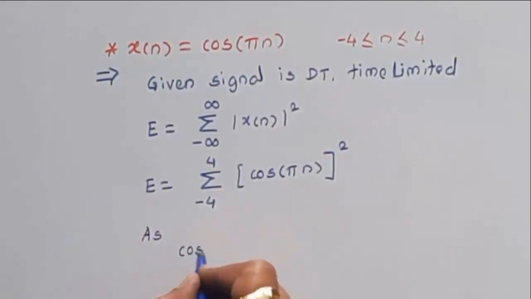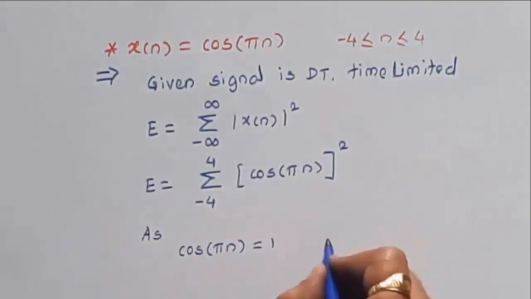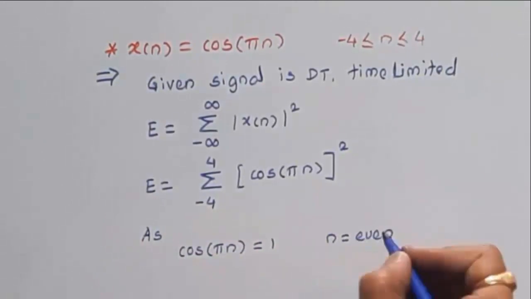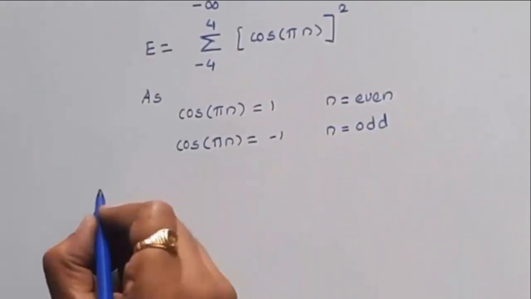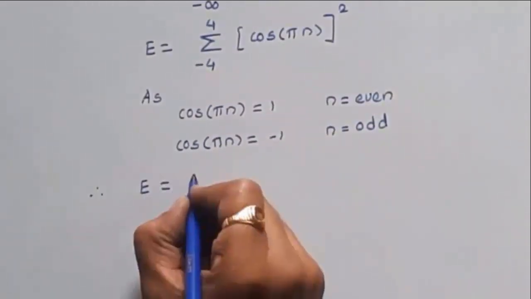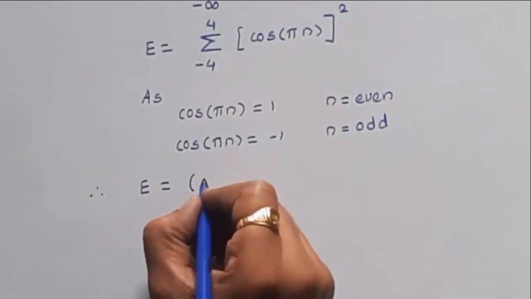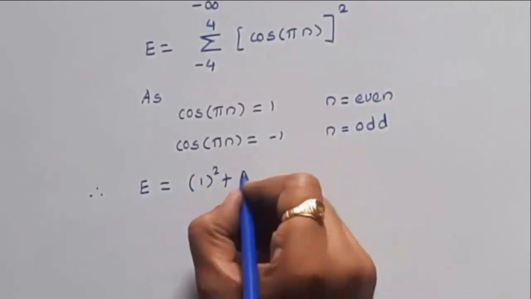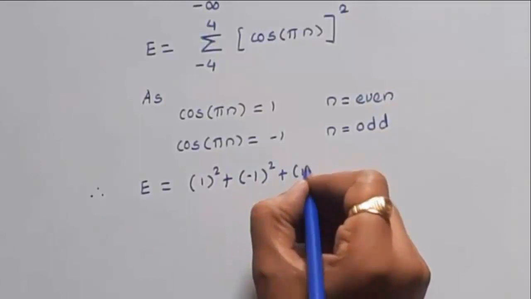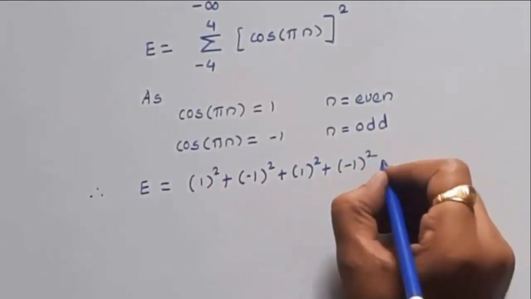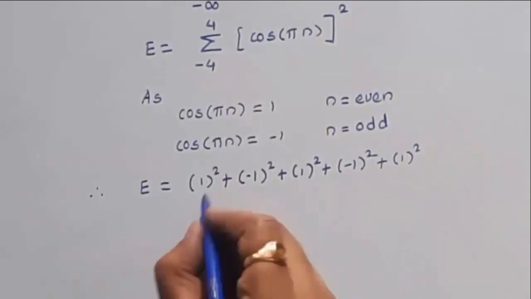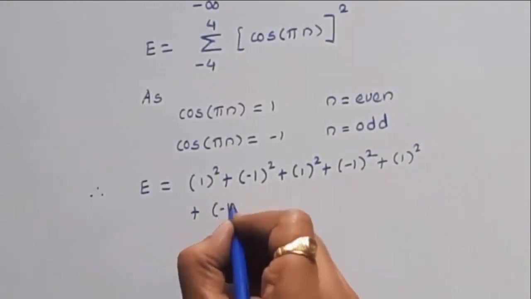We know that cos of pi n is equal to plus 1 for all even values of n and cos of pi n is equal to minus 1 for all odd values of n. Therefore, energy is equal to plus 1 square if n is even and minus 1 square if n is odd. So from minus 4 to plus 4, there are 9 values of n.